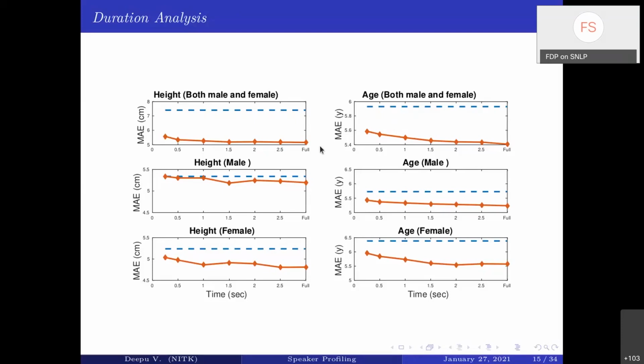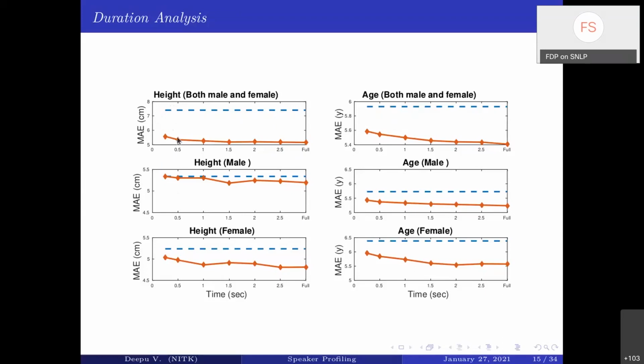So here the x-axis is the amount of speech in seconds which is available, and the y-axis is the MAE. If you have very little speech, you will have a higher MAE, and when you reach zero, it will be the same. The dotted line denotes the mean prediction. So in the zero case, it will be as bad as the mean prediction.